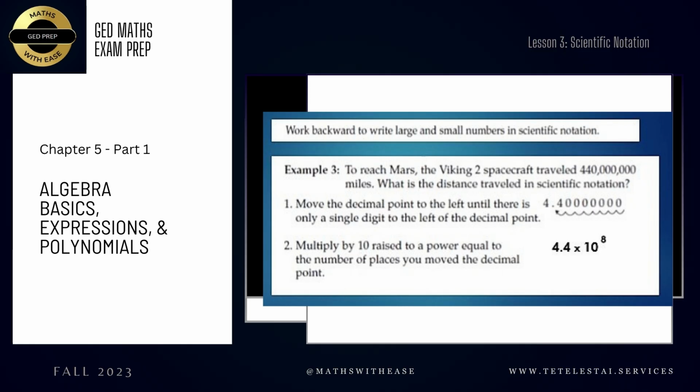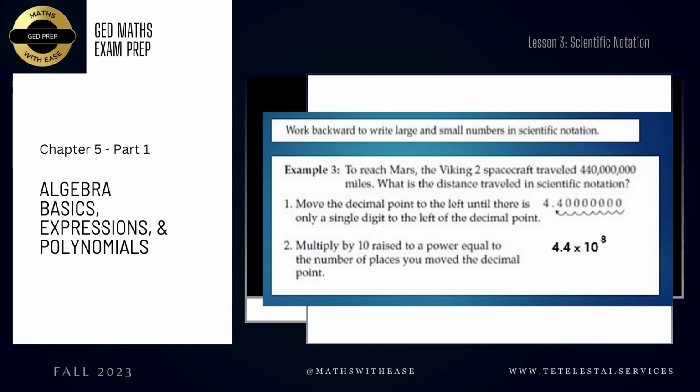And that's all scientific notation means. And if you're asked to express scientific notation in standard form, know that you're being asked to take a number that looks like this and write it as a regular number that you would see every day, like 440 million, for example.